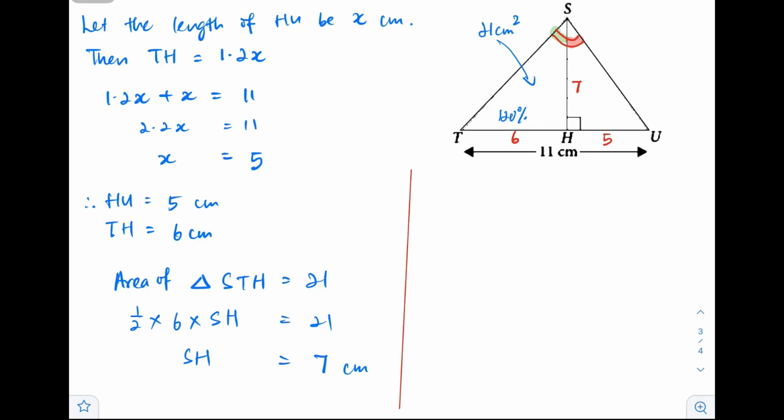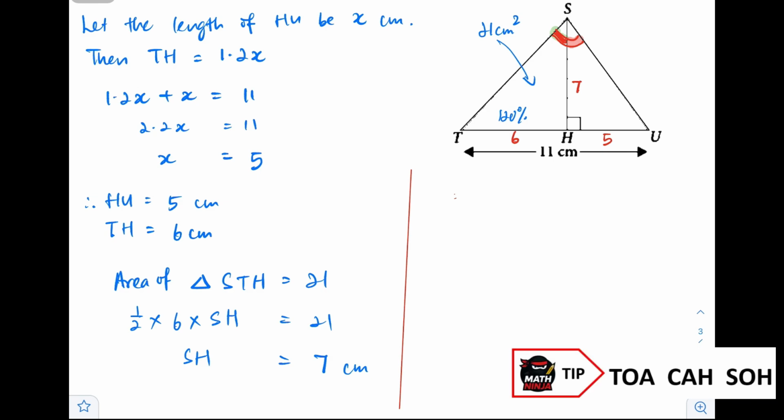Alright, to find the angle TSH, which is this angle over here, I can see that I have the opposite side and I have the adjacent side. So I should use my tangent ratio. So let's have tangent of the angle TSH. This should be equal to opposite, which is 6, over adjacent, which is 7.